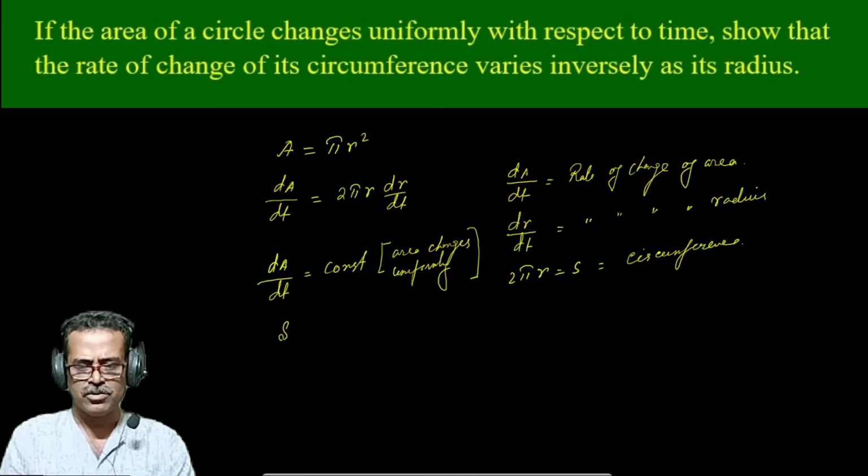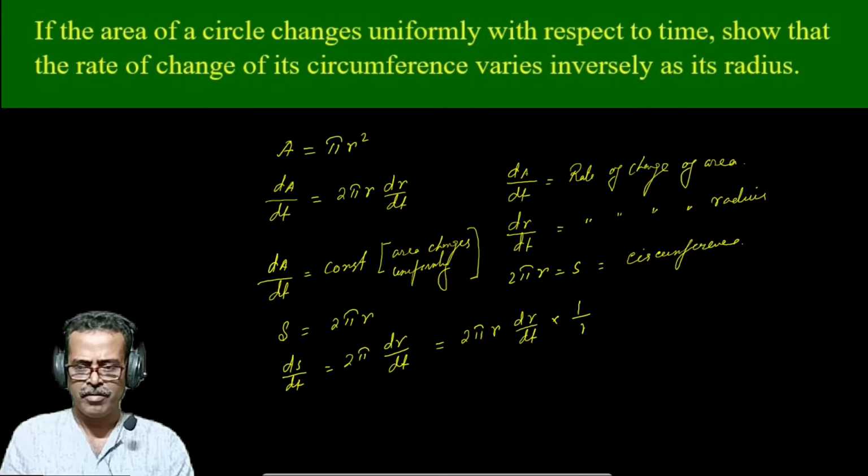Now S is equal to 2 pi r. dS/dt is equal to 2 pi dr/dt, which is equal to 2 pi r dr/dt into 1 by r.